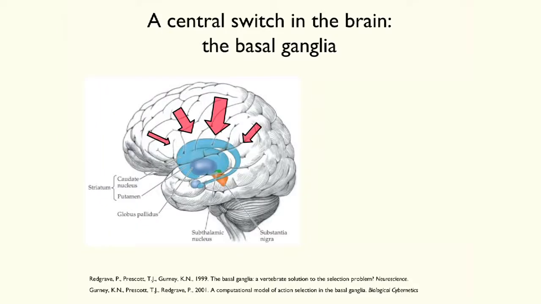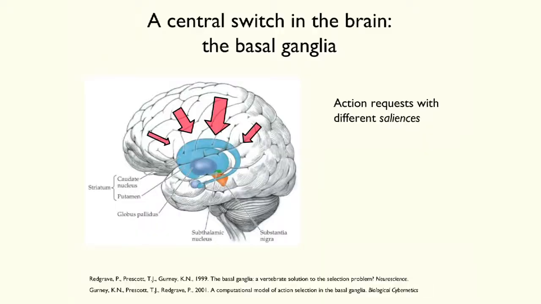Okay, here's our hypothesis then: there is a central switch in the brain, and it's comprised of this set of subcortical nuclei called the basal ganglia, an evolutionarily very old set of brain systems which are found in all vertebrates going back to primitive fish, highly conserved all the way through evolution to primates and humans.